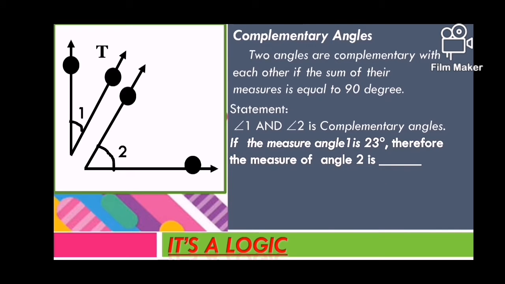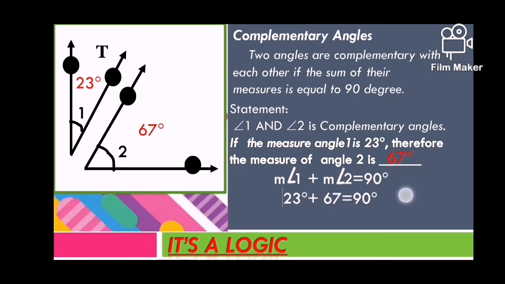If the measure of angle 1 is 23 degrees, therefore the measure of angle 2 is 67 degrees. The measure of angle 1 plus the measure of angle 2 is 90 degrees. So the measure of angle 1 is 23 degrees and the measure of angle 2 is 67 degrees. Therefore, if we add the measure of the two angles, the sum is 90 degrees.